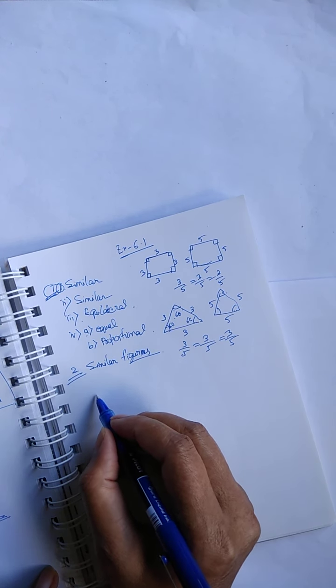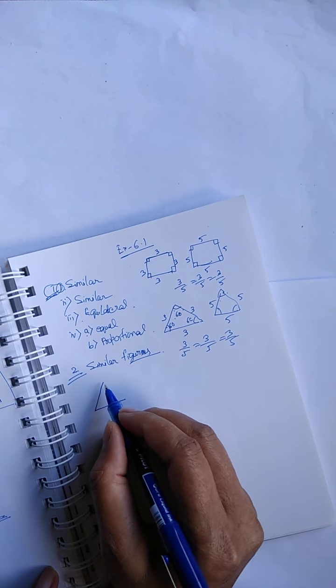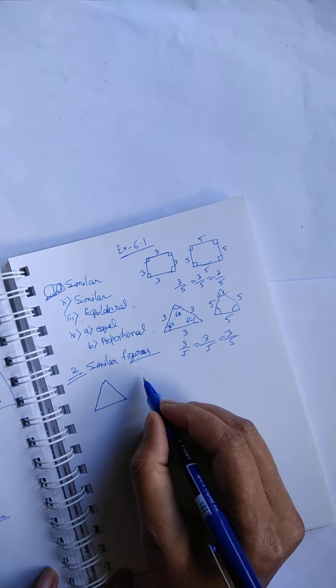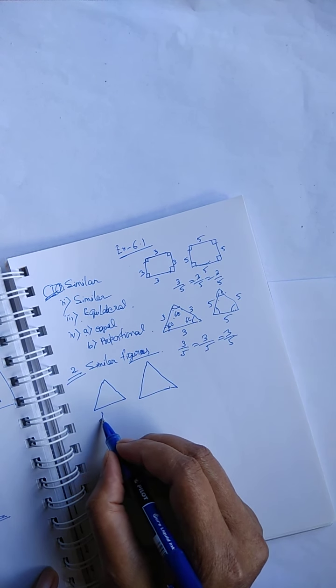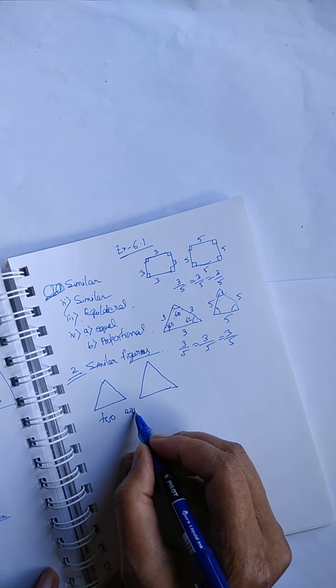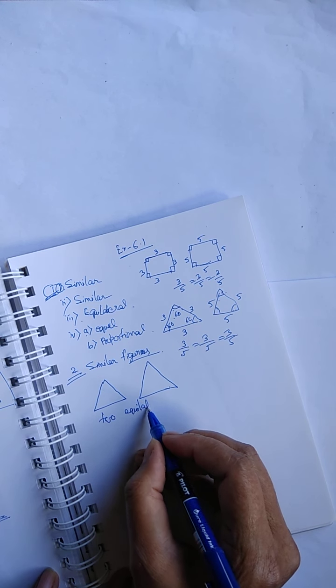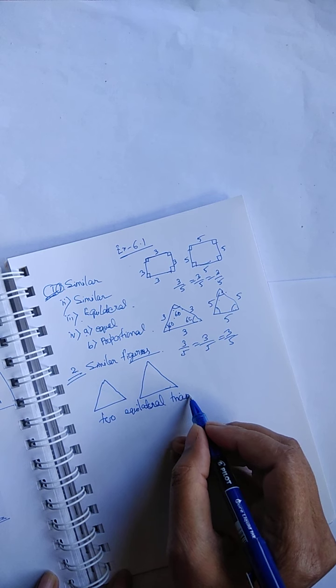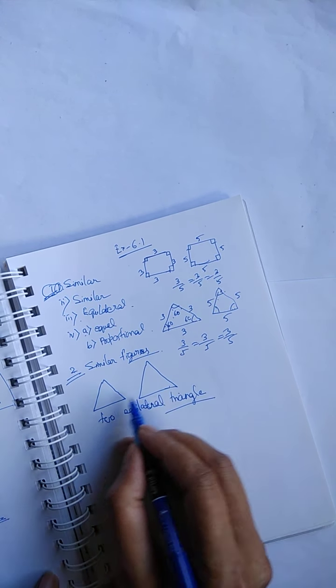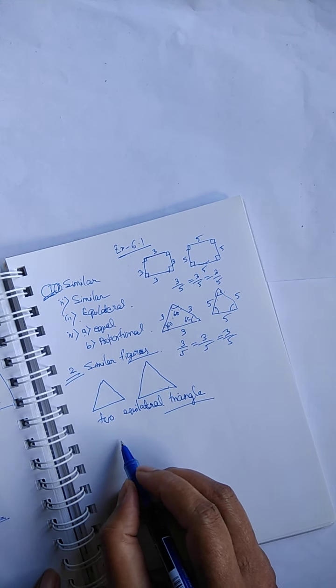So we can say two equilateral triangles. This is similar.